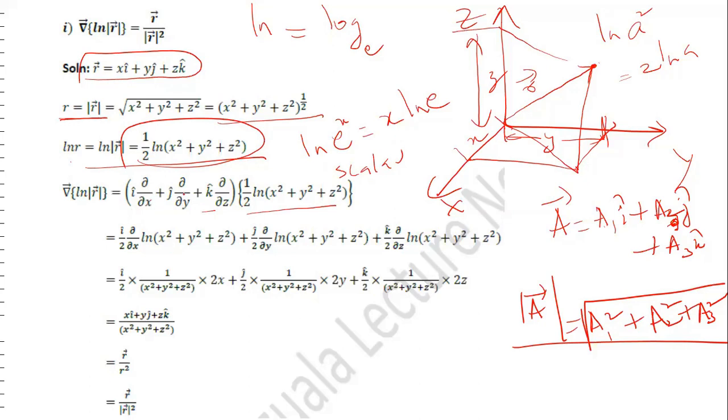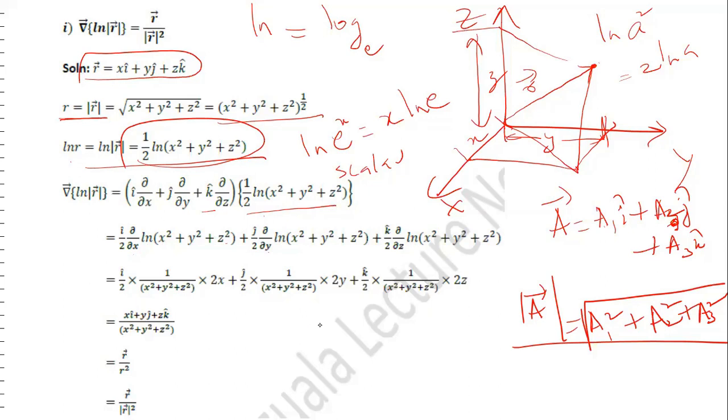Now this scalar quantity, you will have to multiply with this thing. That means differentiation of this scalar quantity with respect to x, differentiation of the same quantity with respect to y and z. So you just perform the differentiation. I don't need to revise all this calculus.